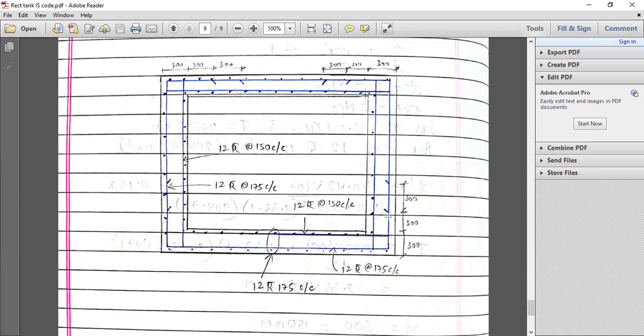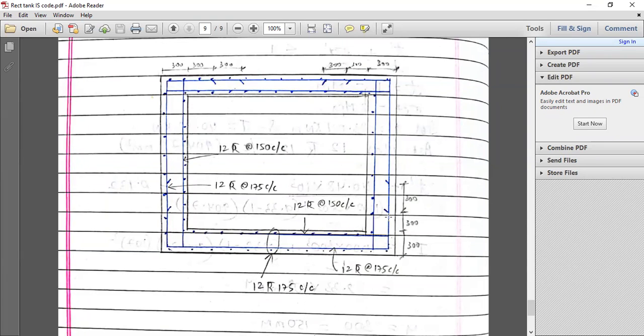So in our case, I think the steel is the same, right? So just show the reinforcement detailing. The steel we have provided is the same. Yes.